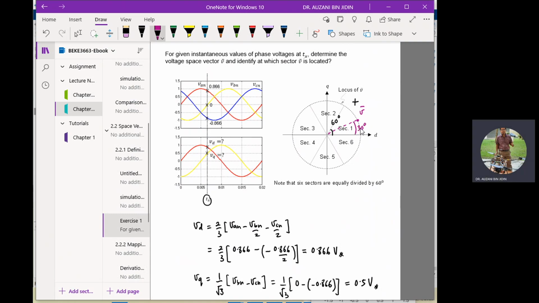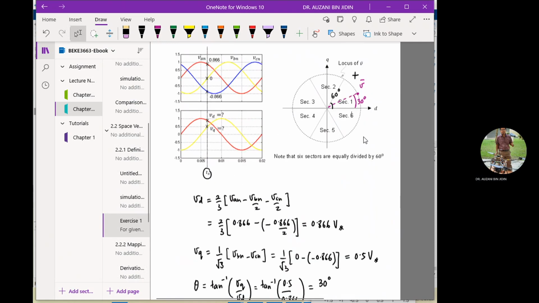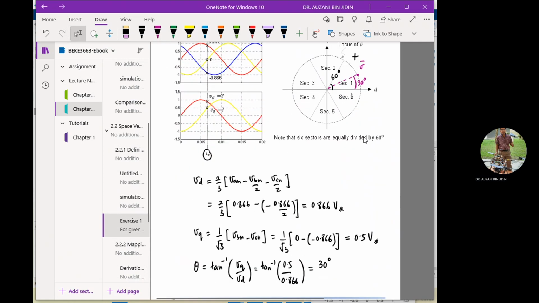Based on the calculated value, the angle is 30 degrees, so we can identify the location of the space vector, which is located in sector 1. Okay, simple. Still warm up.